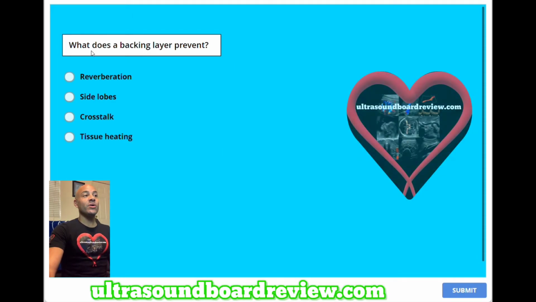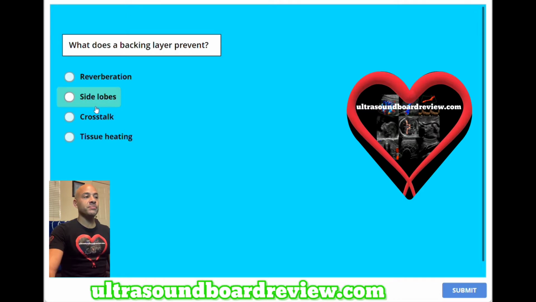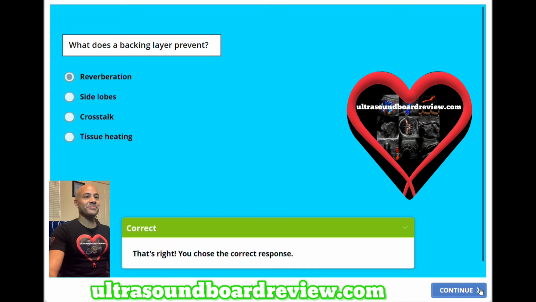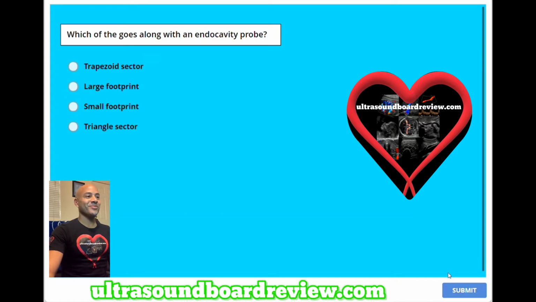Question 19. What does the backing layer prevent? A, reverberation, B, side lobes, C, crosstalk, or D, tissue heating? The answer is A, reverberation. Question 20.